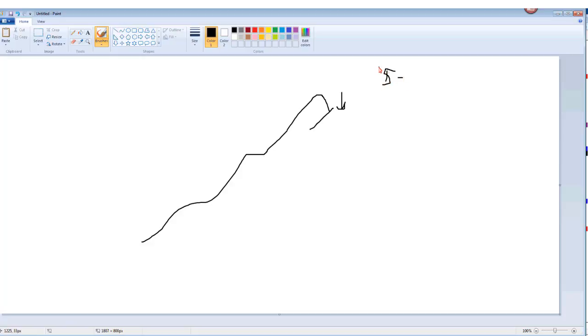Hit the 34. In other words, any little bit of a correction is going to hit the 34. You can just count on it. If it's really sloping higher, then okay, it might be 10 or 12 cents. That sets you up for a potential 34B.